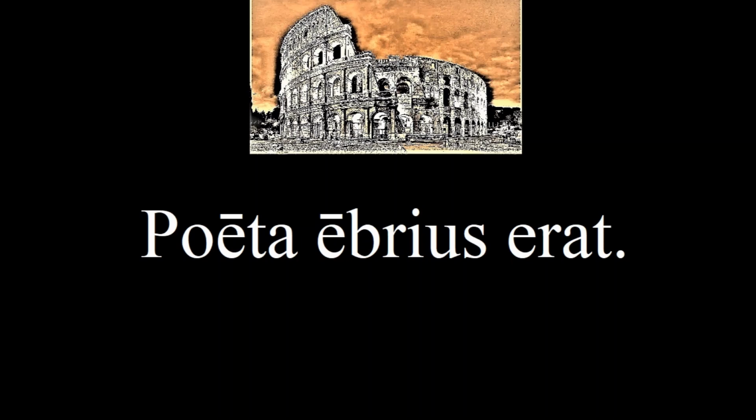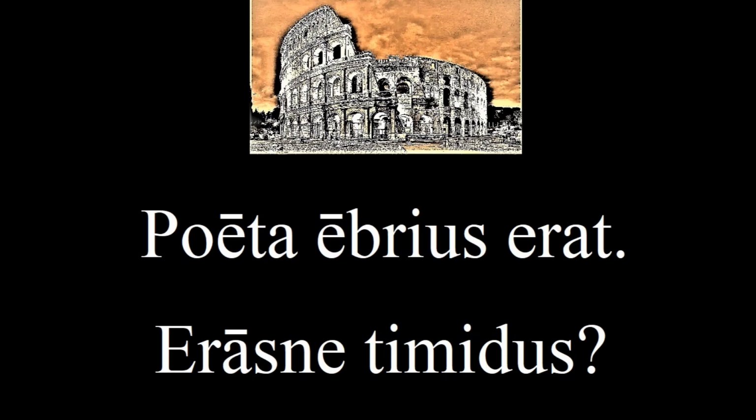If you add the prefix in to the second word here, you may be able to guess the next sentence. Poeta ebrius erat. The poet was inebriated. How would we say, were you shy? Erasne timidus?